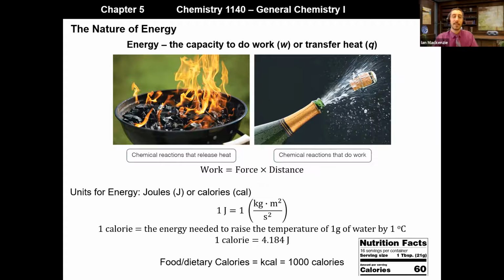The calorie listed on a food or dietary label is actually a kilocalorie. It's often listed with a capital C, but it's essentially 1,000 of the calories that we are listing here. So 1 small c calorie is the energy required to raise the temperature of 1 gram of water by 1 degree Celsius. So 1 food calorie would be 1,000 of those calories.